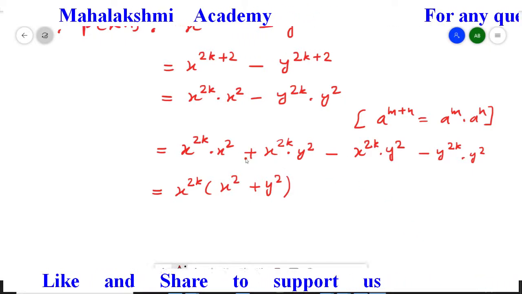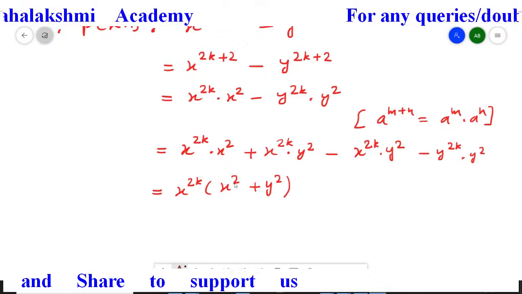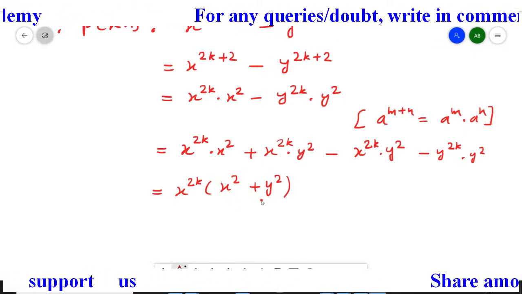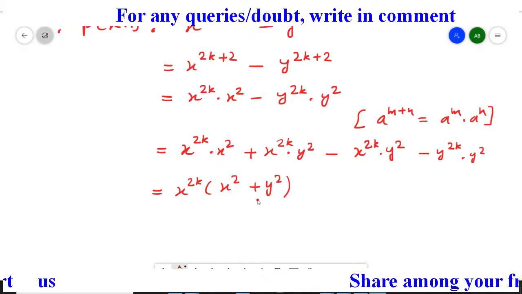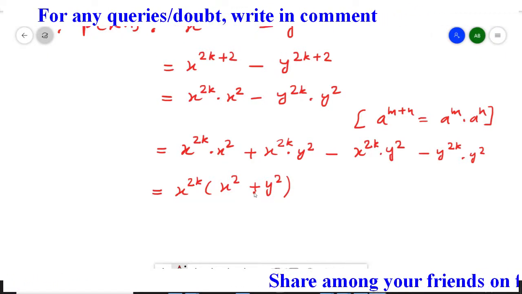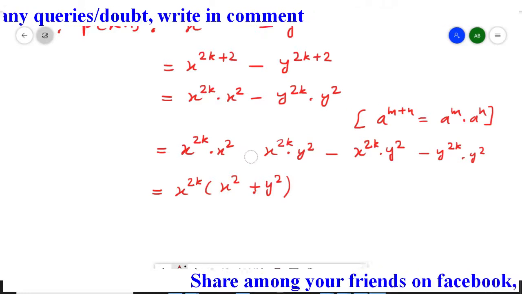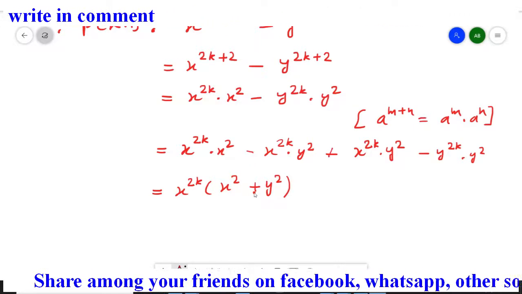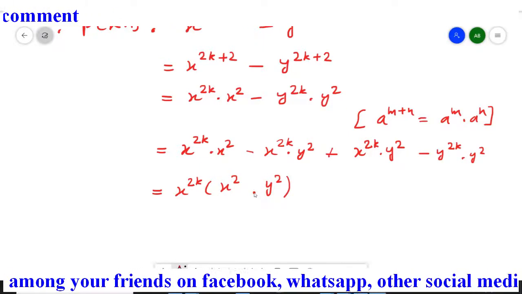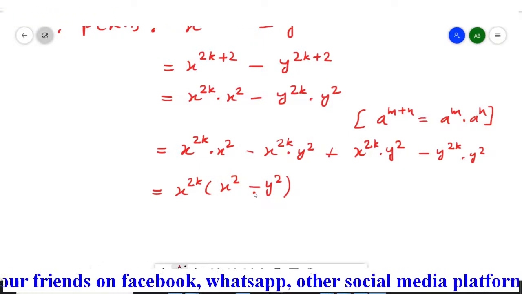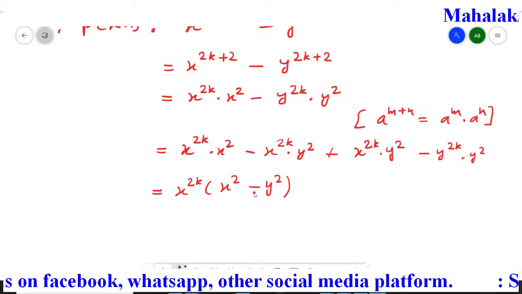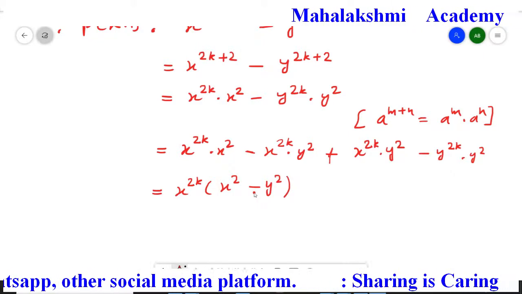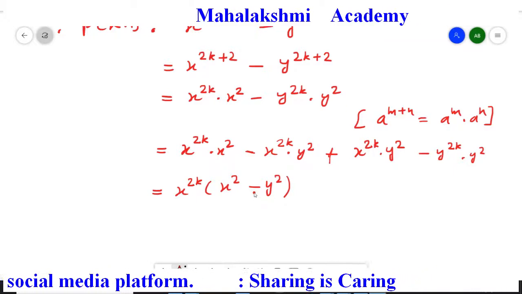Here we'll take the minus sign, here we'll take the plus sign, because if we go with the same equation, this bracket is not going to be divisible by x plus y. So we'll do some changes here. That is, here I am taking the minus symbol and here we will take the plus symbol. So when we take common here, we will get the minus sign, so that in the next step we can divide them by x plus y. That will be clear when we do the next step.